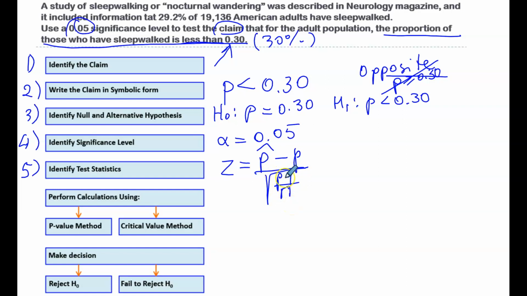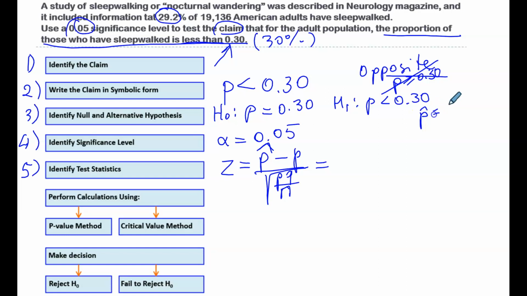Let's use the formula to find test statistic first, and then I'll show you how to do the hypothesis testing using the graphing calculator and using StatCrunch. P hat is our sample proportion. Sample proportion is 29.2%.